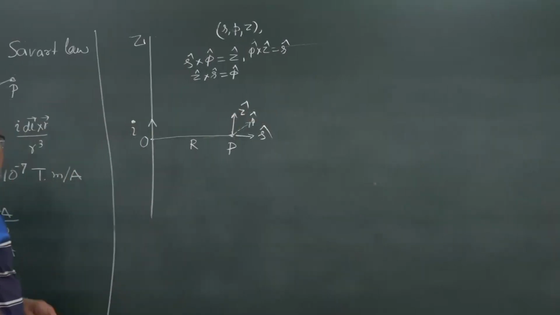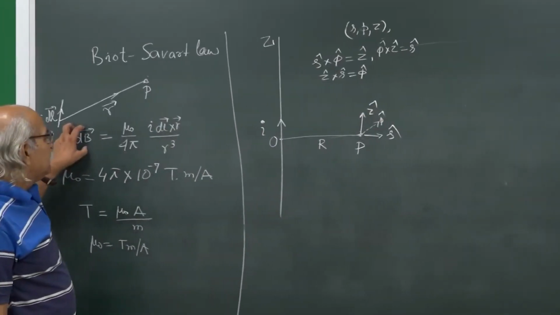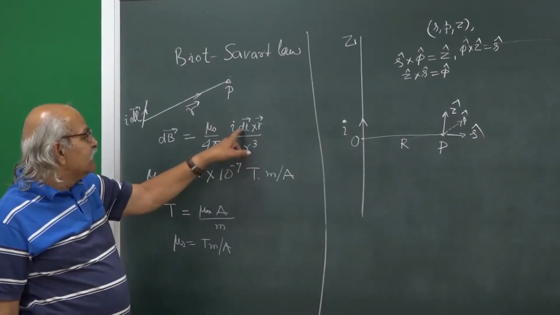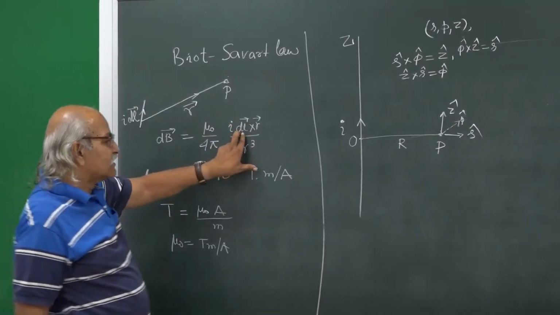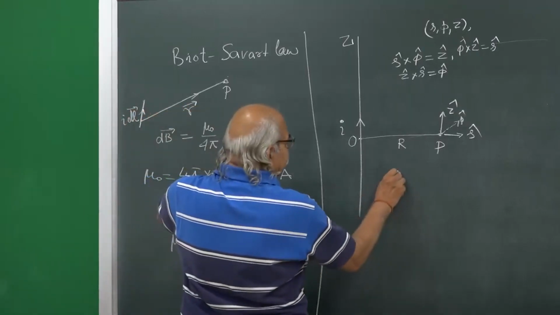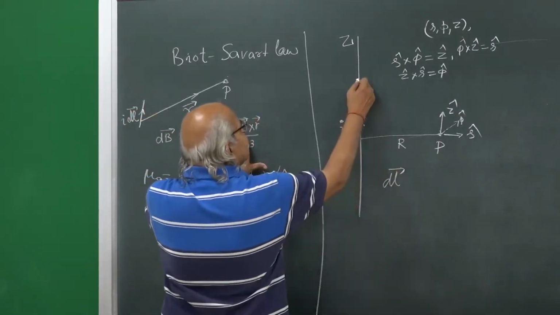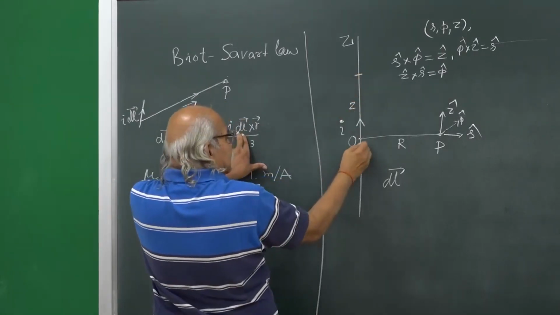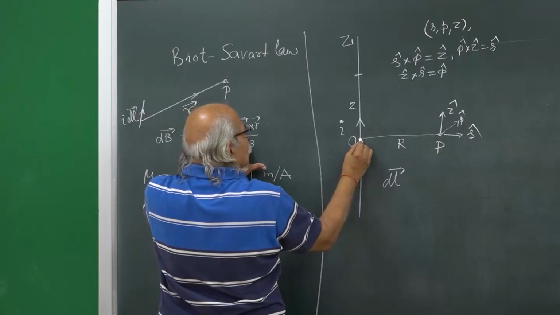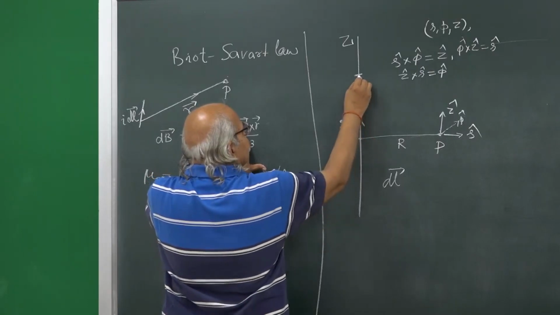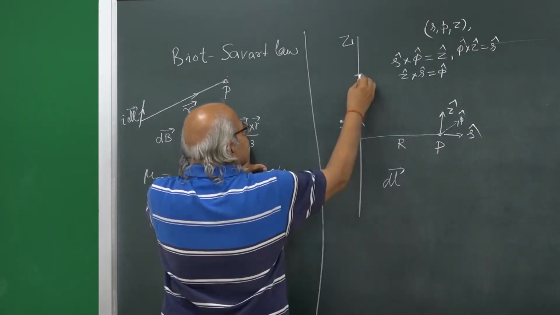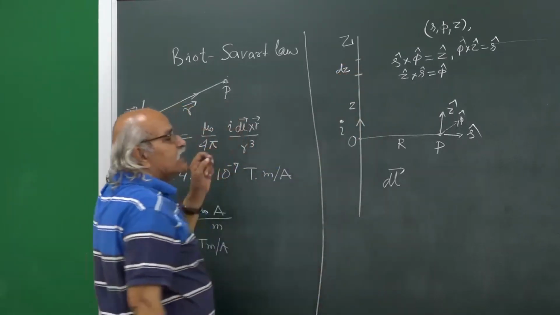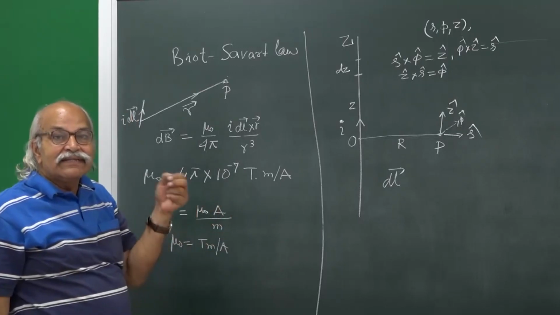So, let us start working. dB is mu naught over 4 pi, I, over r cubed, dl cross r. What is this dl vector? You take an element on the z axis: you go to that z distance, and then take this dz. dz is always an increment in z.